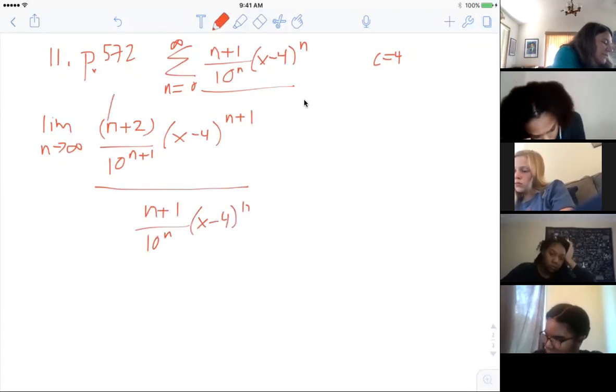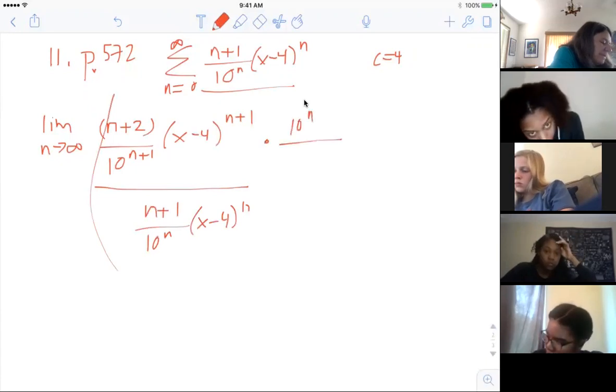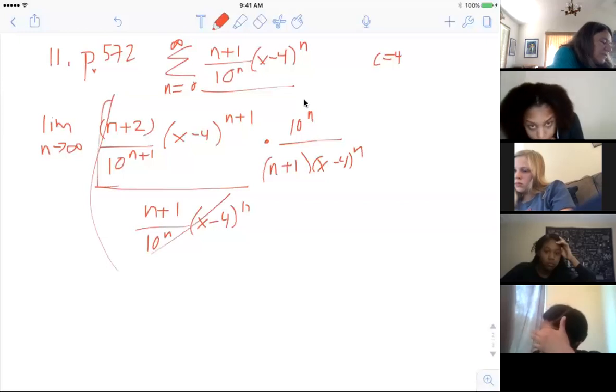I'm going to invert and multiply here. So that'll leave me with a 10 to the nth on top and the n plus 1 and the x minus 4 to the nth on the bottom. All right, so that's what I've got to simplify right there.